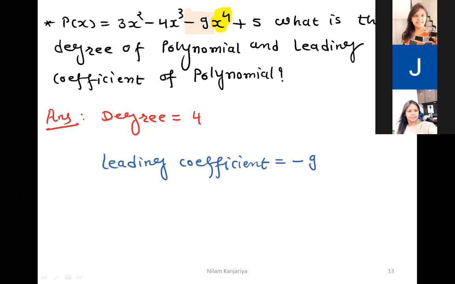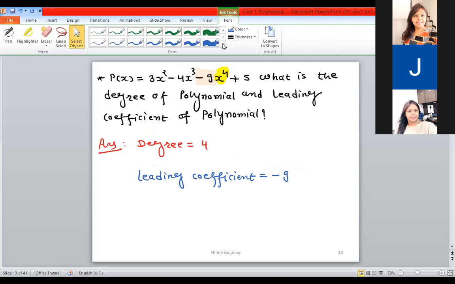Okay? First of all, if you have any confusion, just write your polynomial in ascending or descending order, your choice. First of all, I will start with the highest power, then put the lowest power. So now it is easy to find.